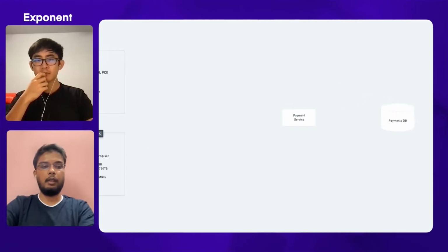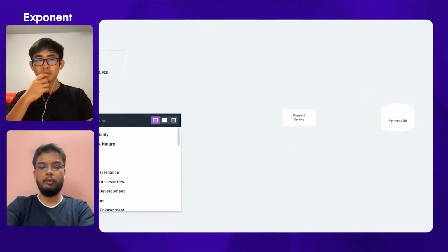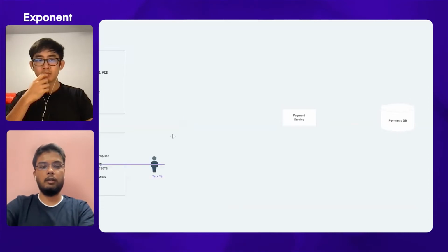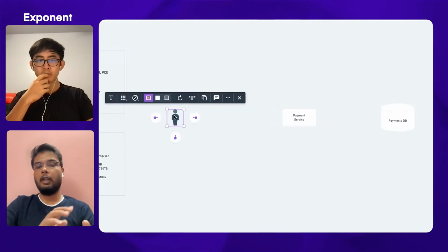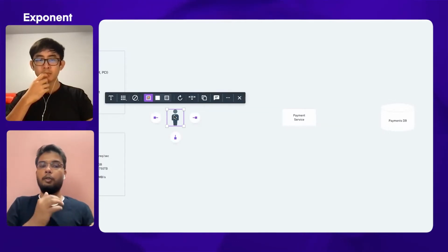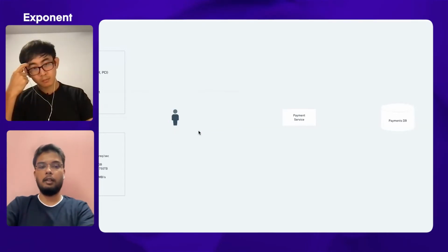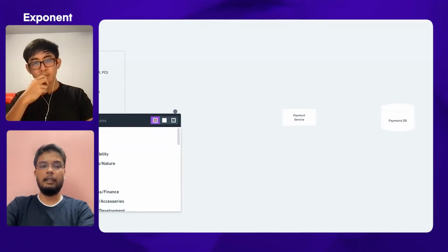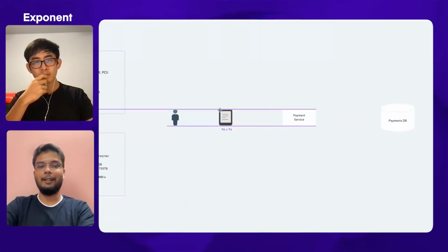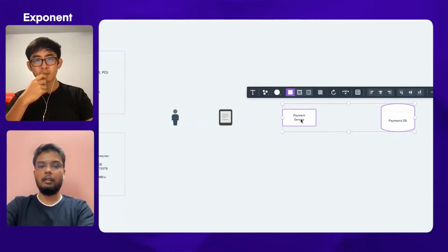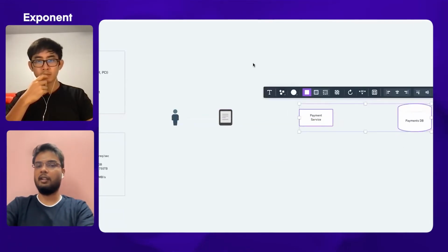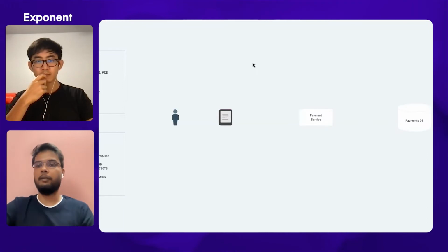Okay, and let's also create a user. I'm just trying to map out the request flow, how the user journey will go through our system. So this will be the user, and they will have a Kindle logo, and Kindle will essentially serve as a front end, just like mobile devices.